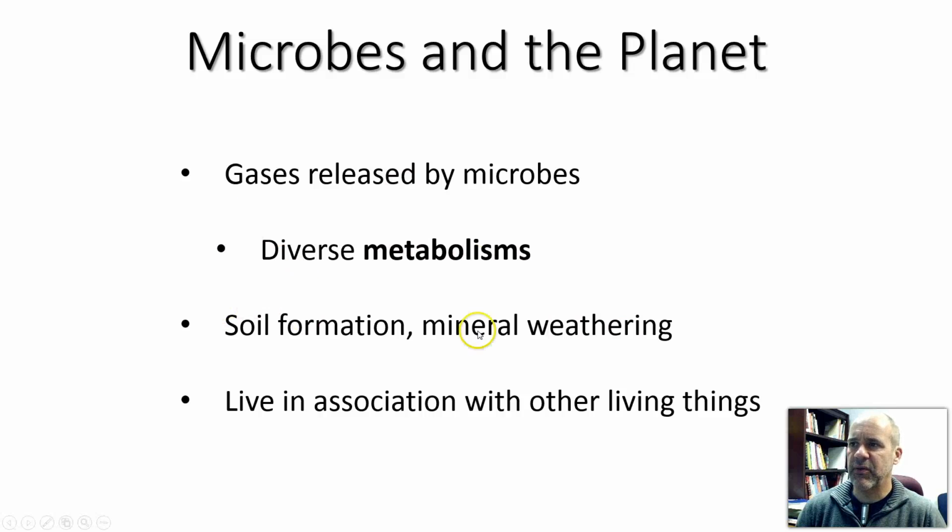They're responsible for making many substances and breaking things down, even things that might be toxic to us. They're responsible for soil formation. Good, healthy soil includes leftover broken down components from plants and other living things that have died, and microorganisms are very involved in those processes. Mineral weathering, erosion, and so forth, microbes can be involved in those processes as well.